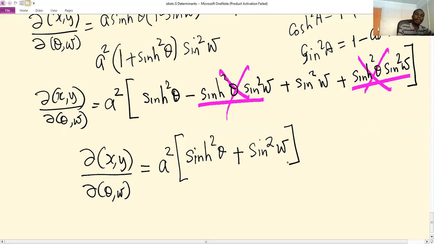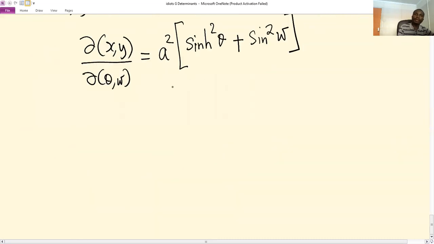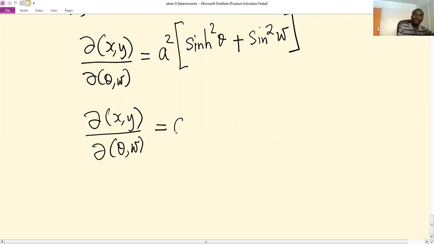So then now we want to work smart with the expression we have so that we prove the result given on the right-hand side of the question. So we can write this one as a squared into hyperbolic sine squared of theta, and then minus 1, or really not minus 1.